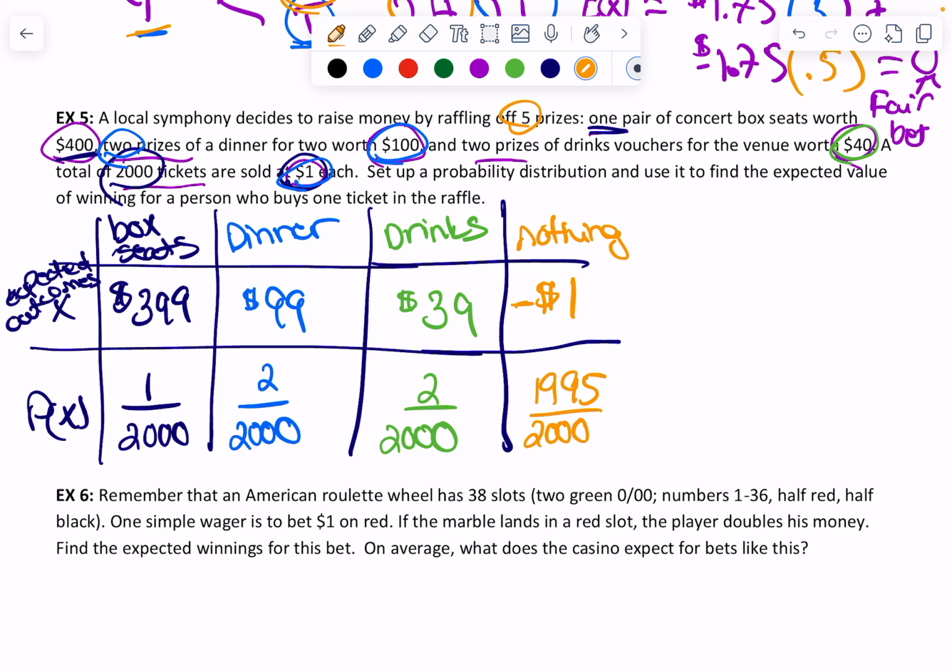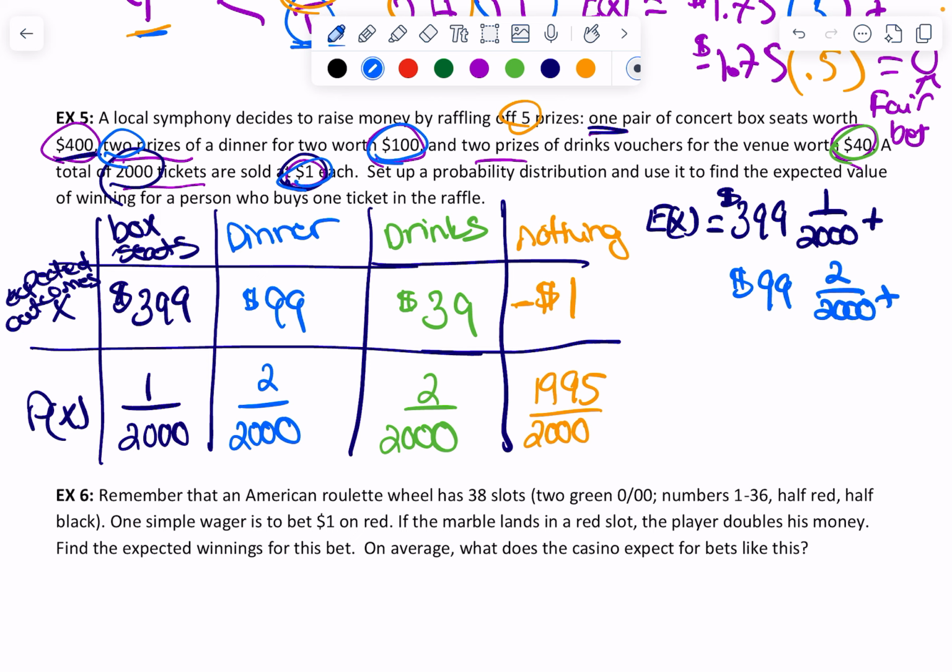Okay, so let's go ahead and calculate the expected value here. We're going to start with the box seats: $399 times 1 over 2,000. I don't have room to write all of this out, so I'm just going to go. Next one is $99, and there's 2 out of 2,000 chances.